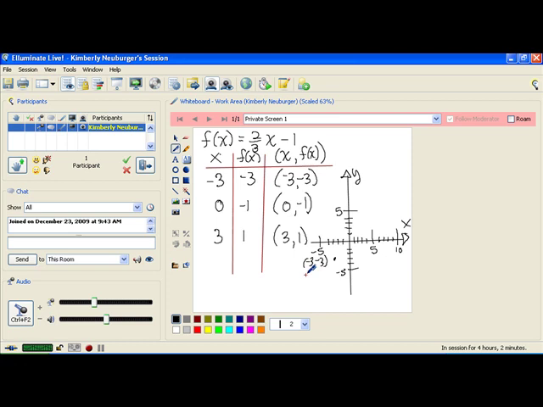Now, our second point here is 0, -1, which is going to be right there. And then our third point, which helps check to see that the first two were in the right spot, is 3, 1, which is going to be right here. Now all we have to do is connect those.